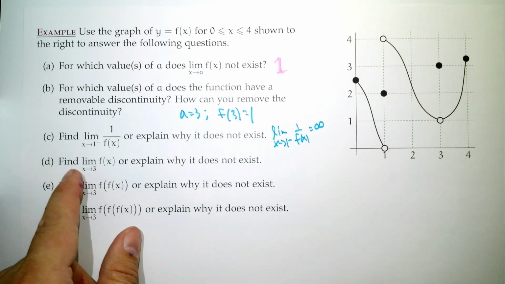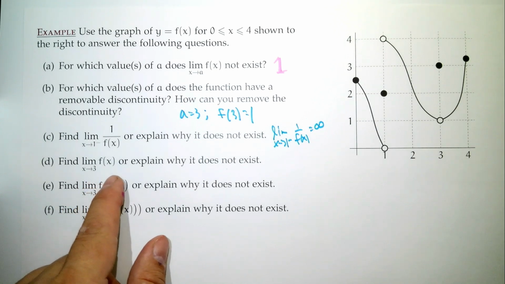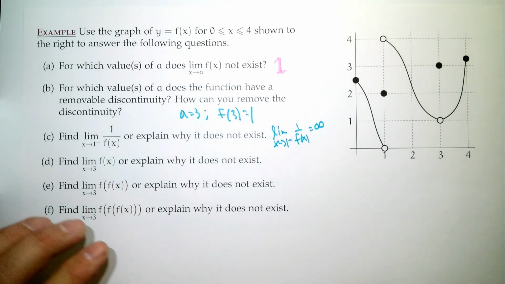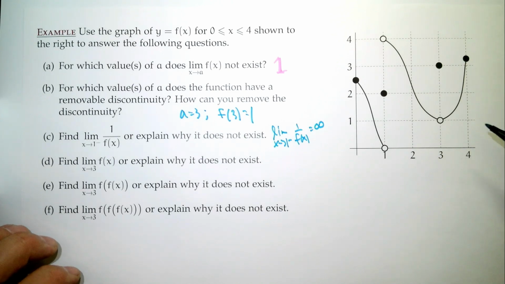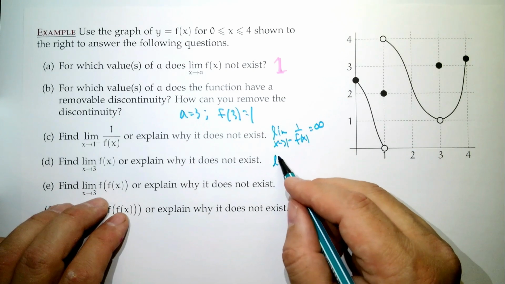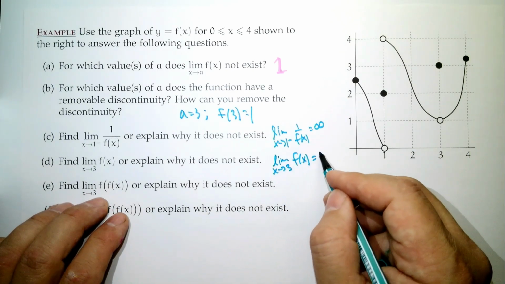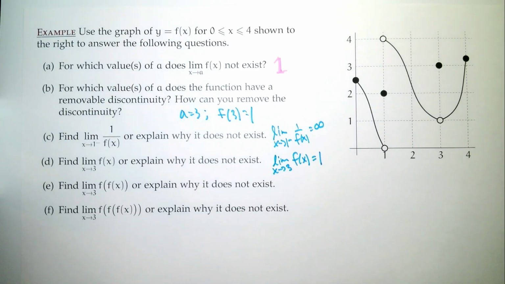All right. Find the limit as x approaches 3 of f of x. That doesn't sound so bad. What is the limit as x approaches 3 of f of x? 1. Yeah, we kind of did that one already. Limit as x approaches 3 of f of x equals 1. Find the limit as x approaches 3 of f of f of x. Okay.